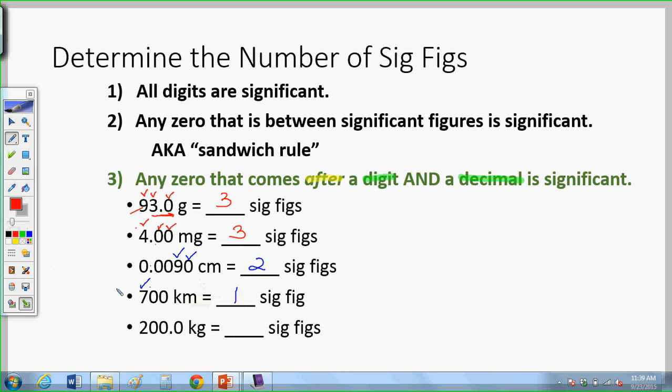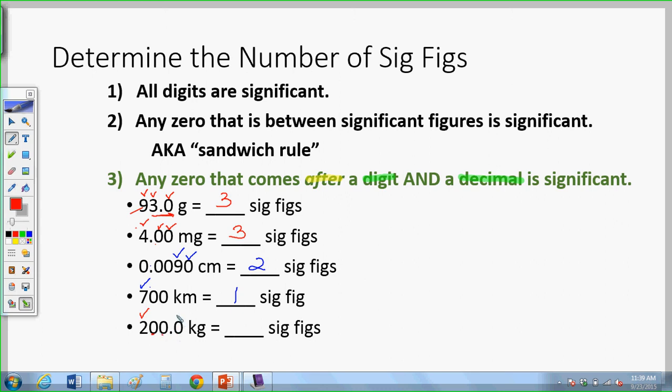In the last measurement, we're going to go ahead and start putting check marks above all digits, and I'm going to look for zeros that come in a sandwich, meaning they are between significant figures. And at the current moment, I don't have any. Next, I'm going to look at rule 3, any 0 that comes after a digit and a decimal. This 0, right here and right here, they are to the right-hand side of a digit, but they are not to the right-hand side of this decimal.